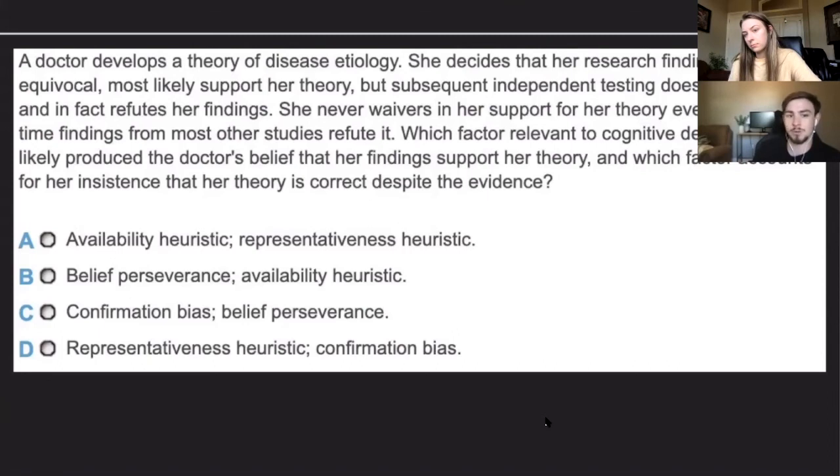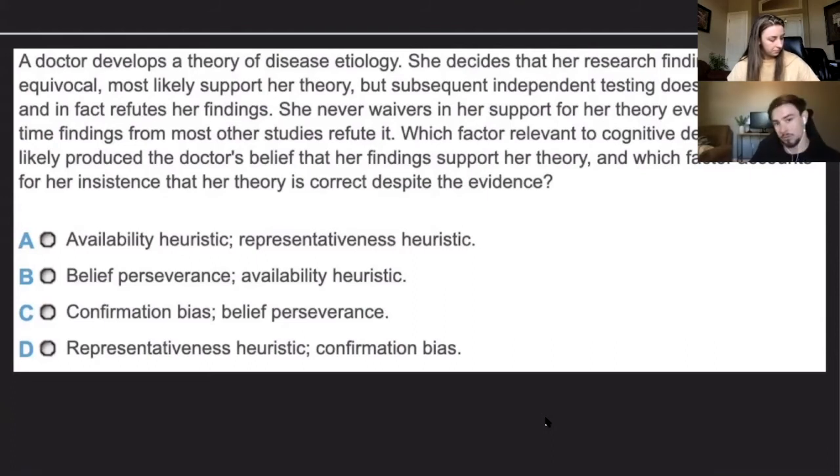So heuristics are more about processes rather than interpretation of new data. So I don't really like that at all. I hate its guts. B would be belief persistence. I don't like belief persistence to answer this first question because we haven't been given the counter evidence yet, so I don't like that one. C says confirmation bias, though.